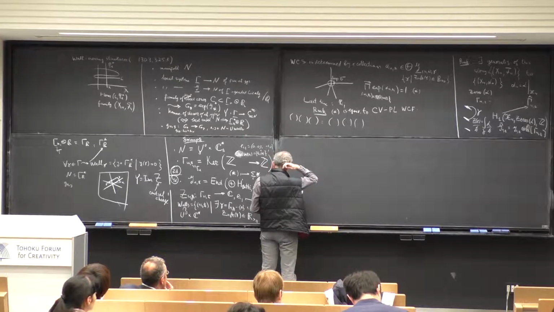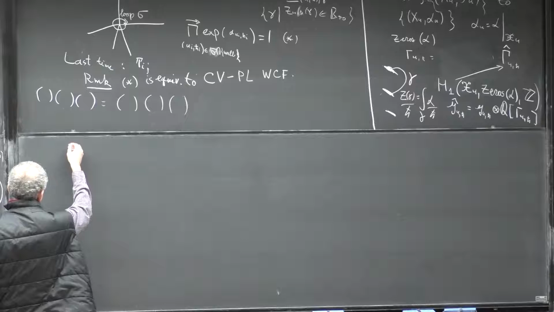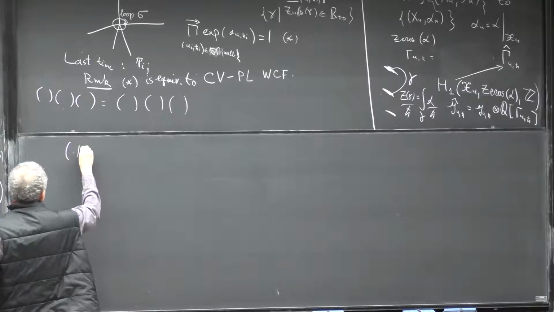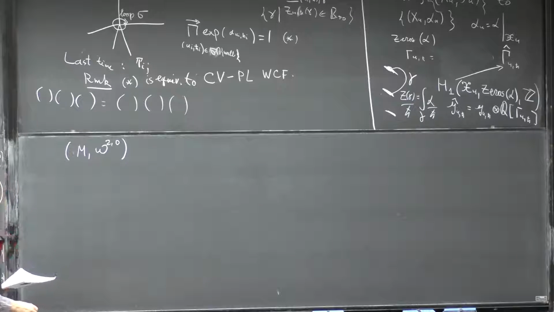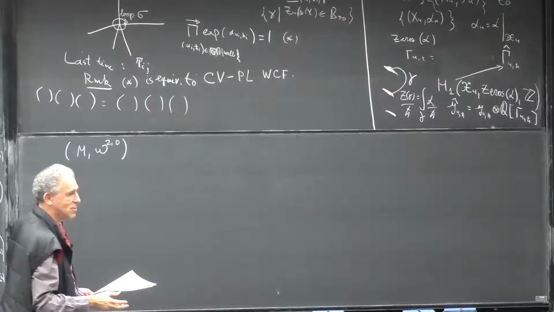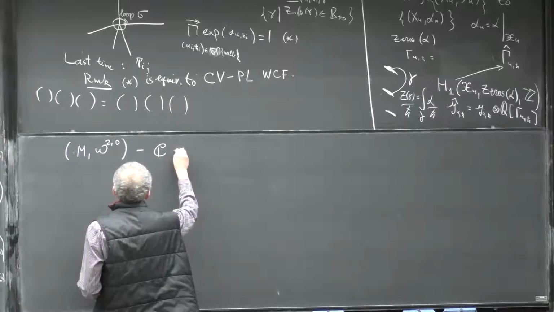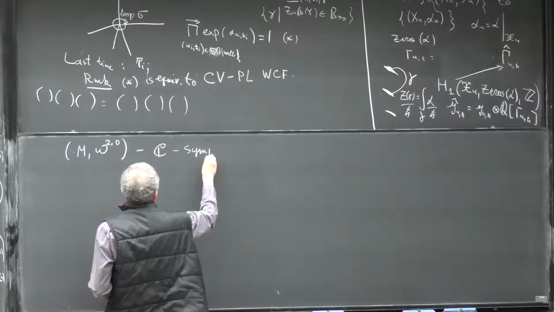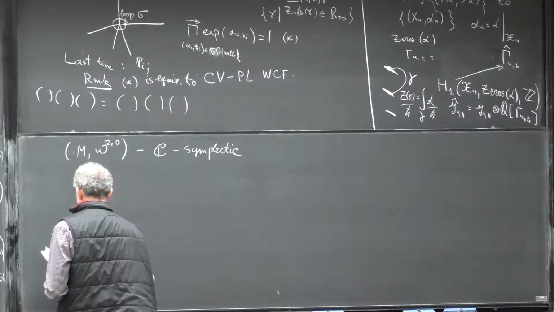So the basic example which we should keep in mind is an example of infinite dimensional space of C-infinity paths between two holomorphic Lagrangian submanifolds. So I start with a complex symplectic manifold.